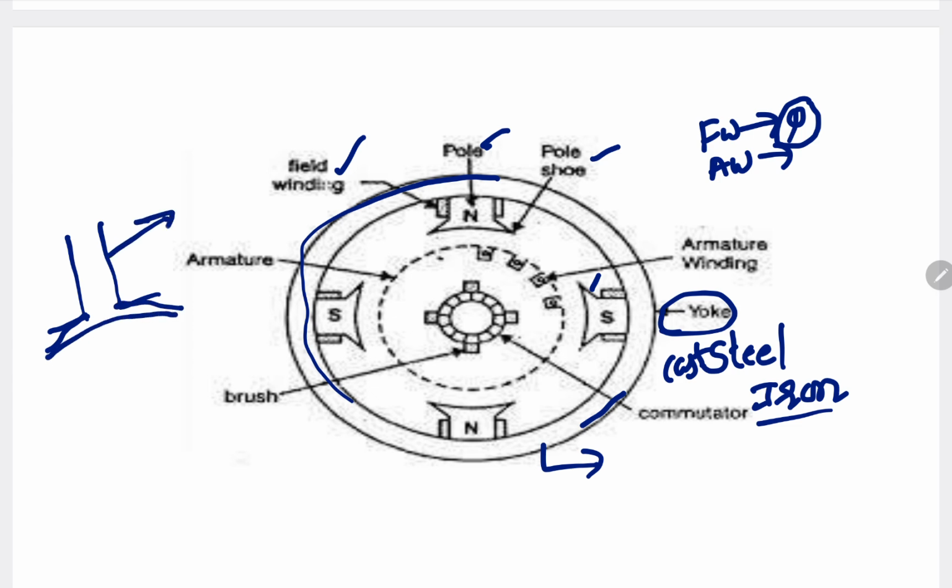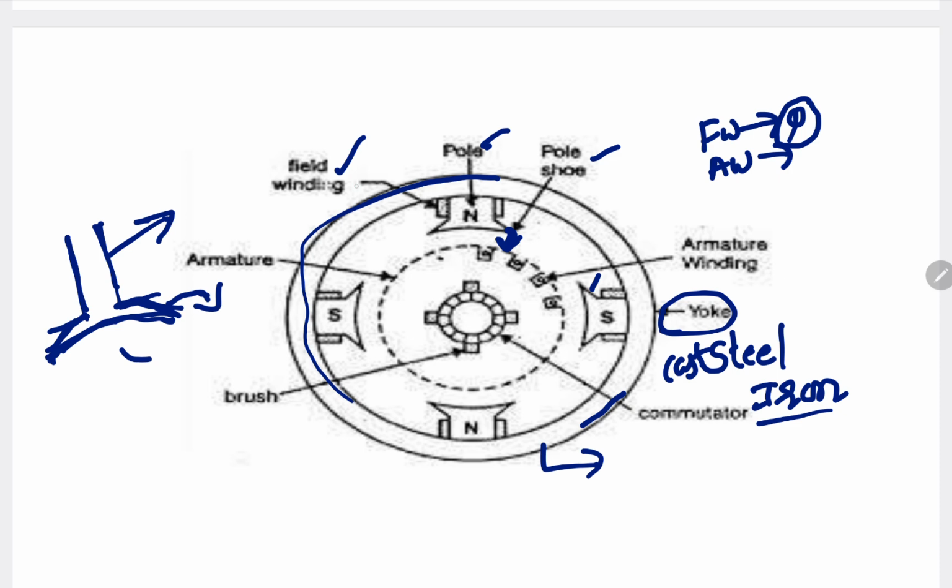This is called the pole core, made of solid material, and this is the pole shoe. The purpose of the pole shoe is to spread out the flux onto the armature conductors. The pole shoe is laminated so that eddy current losses will be minimized.